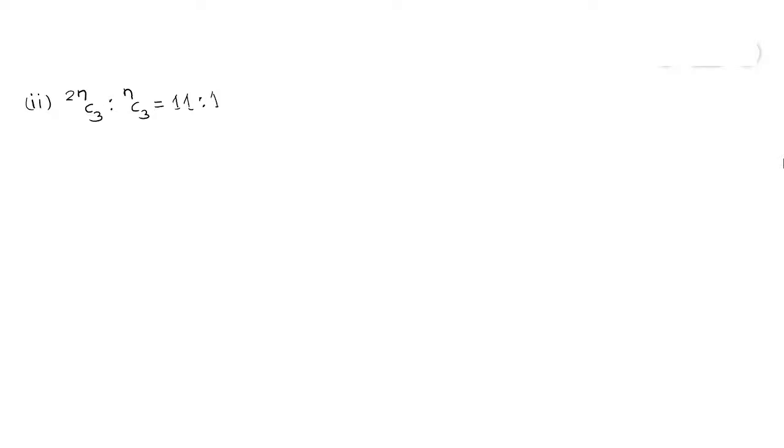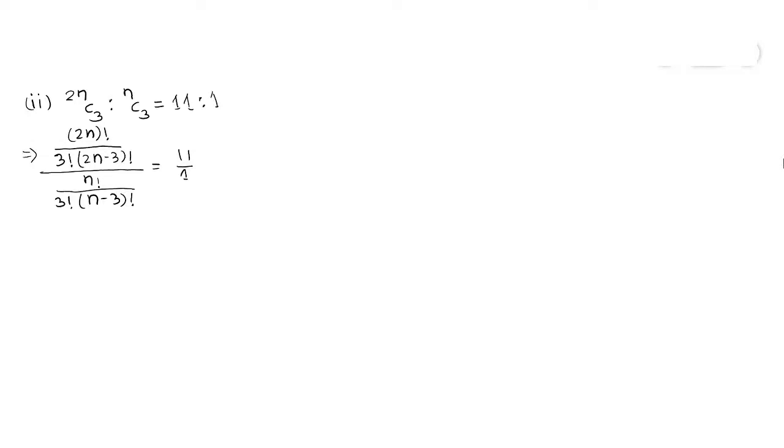We solve like this. 2nC3 is written as 2n factorial upon 3 factorial into 2n minus 3 factorial, whole divided by nC3 which is written as n factorial upon 3 factorial into n minus 3 factorial, equal to 11 upon 1.